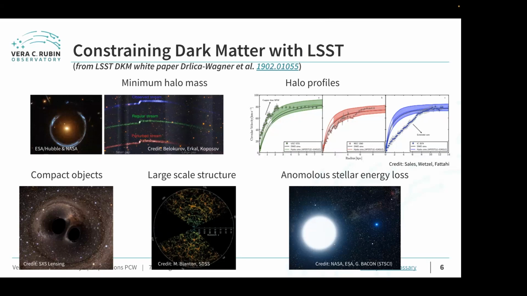We're also hoping to look at density variations in stellar streams, as well as doing careful accounting of the galaxy-halo connection for ultra-faint dwarfs around the Milky Way and other galaxies in the local volume. We also think LSST will be sensitive to weak lensing constraints, with some nearby dwarf galaxies acting as the lenses.